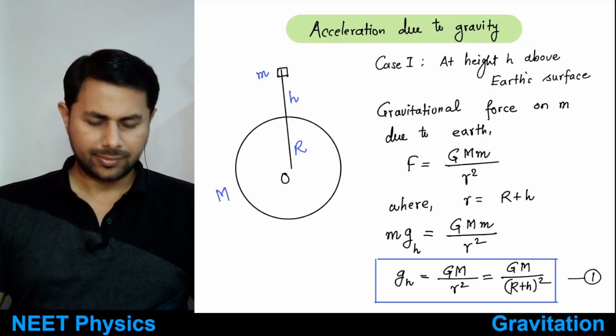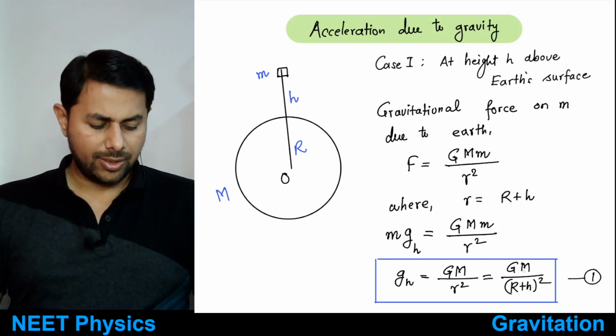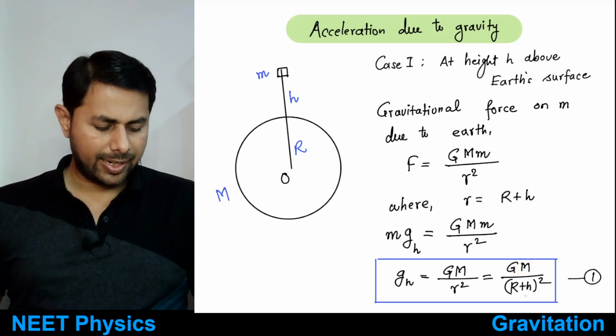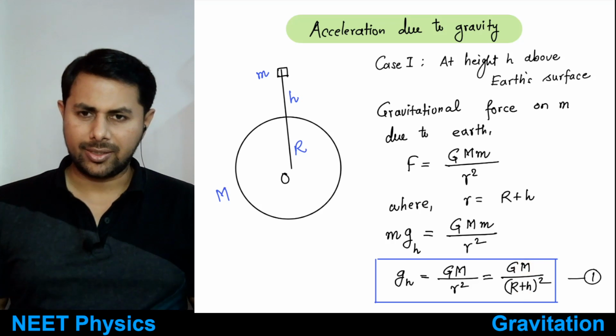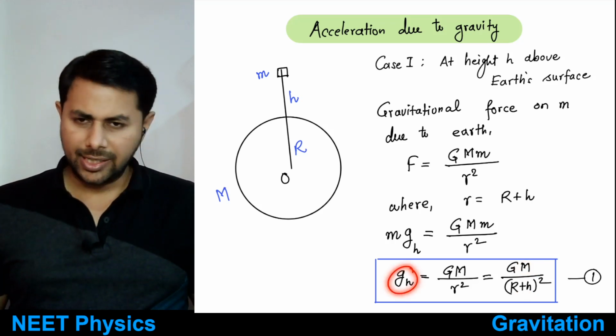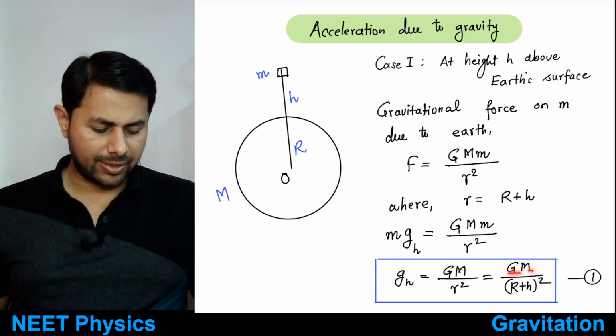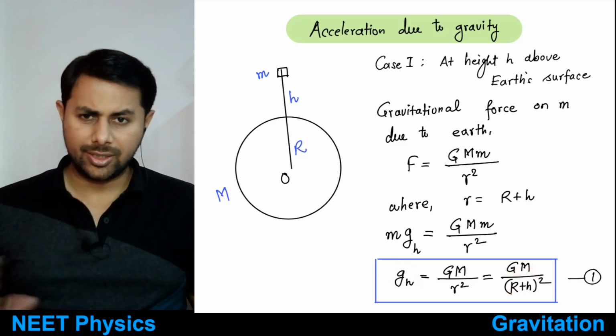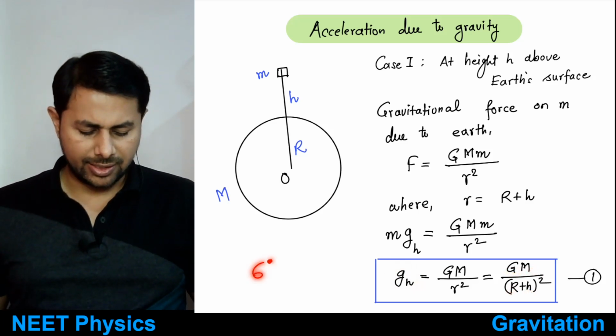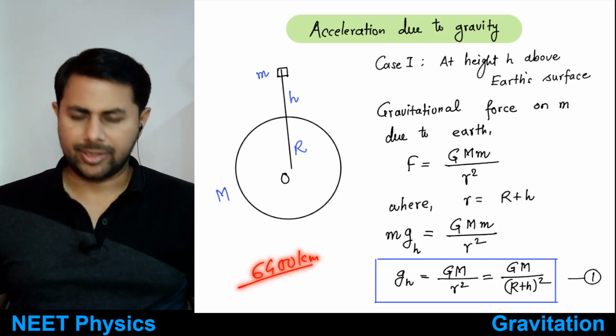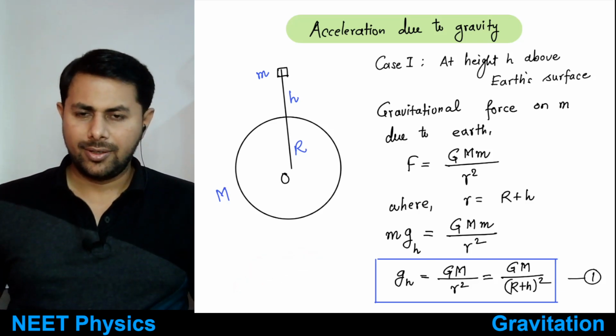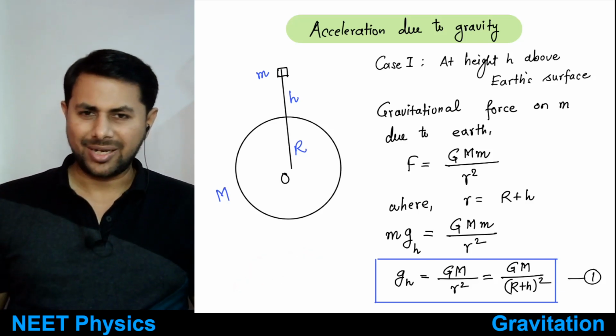Okay, right. So if mass of earth is known, if height is known, then we can find out directly g_h is equal to G M divided by (r plus h) square using this formula. Radius is 6400 kilometers, right? But then that would be a lot of calculation.